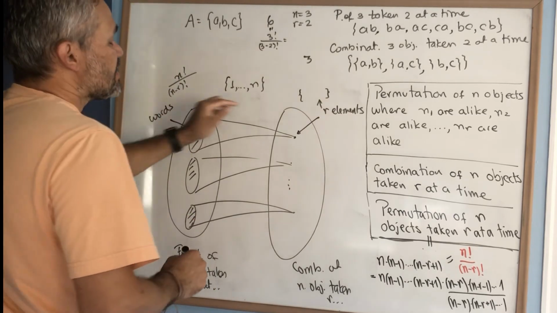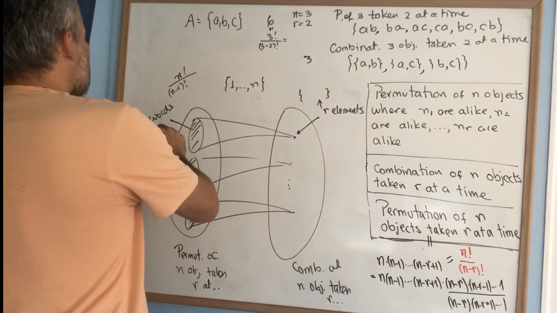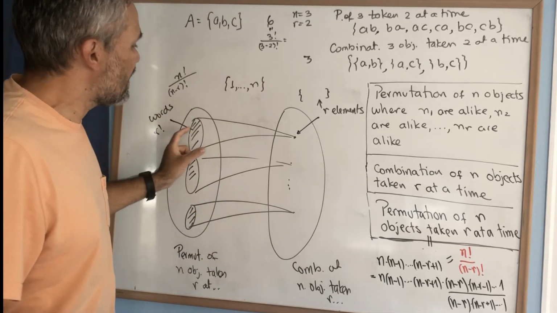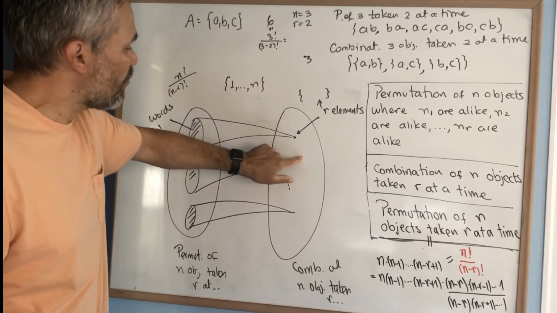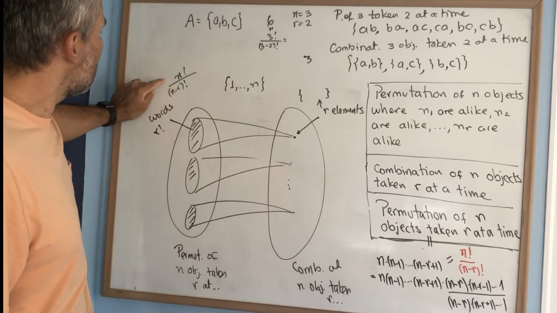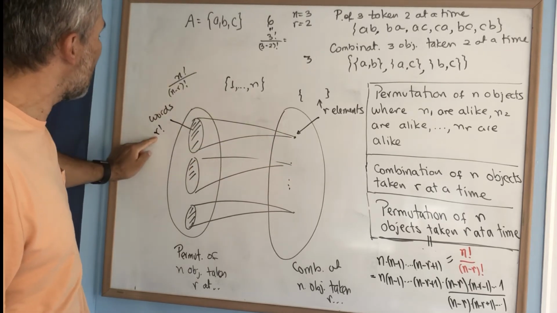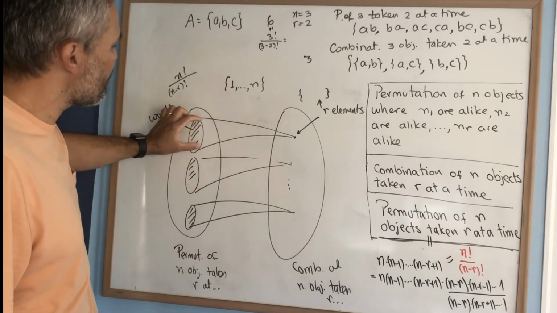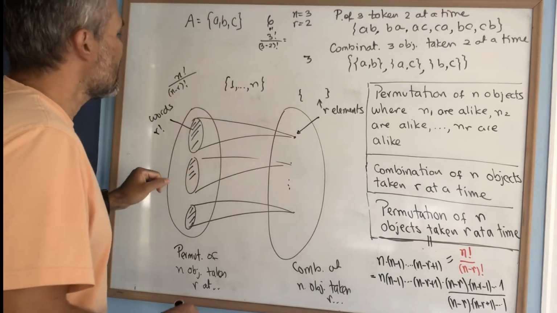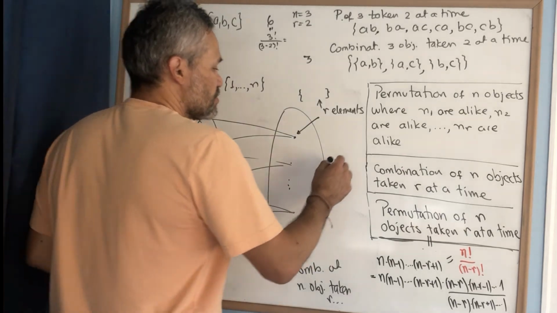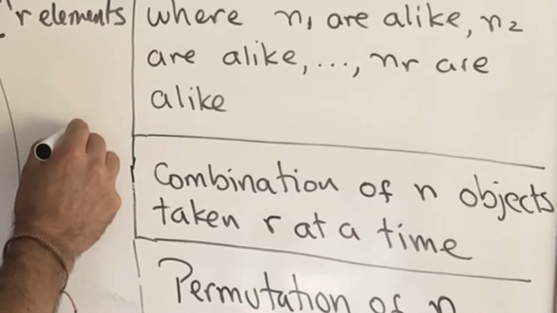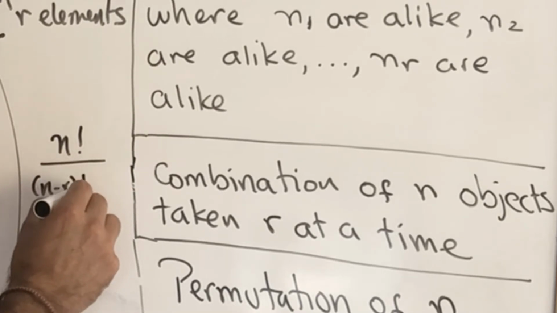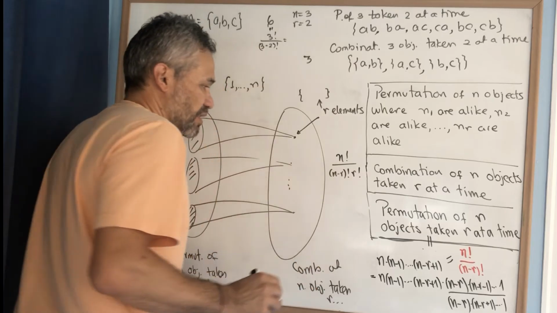The number is just the permutation of those elements, and therefore there are r factorial. For that reason, we can see clearly that this number that we don't know is exactly the same number but divided by r factorial, because for each one of these elements, there are r factorial elements here that go there. Then the number of combinations is going to be n factorial over n minus r factorial times r factorial.